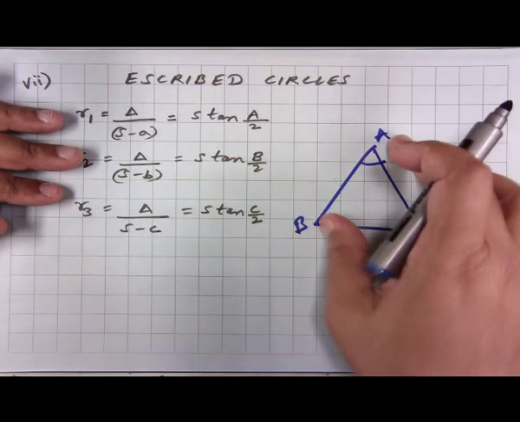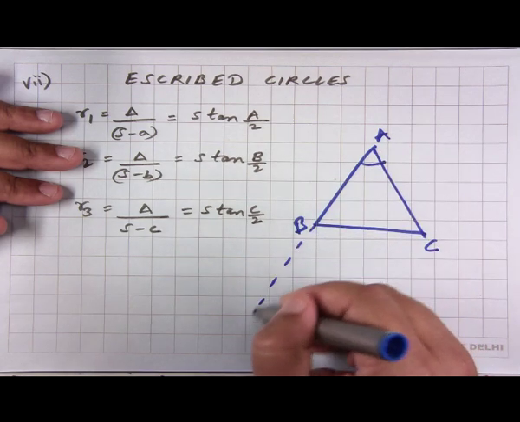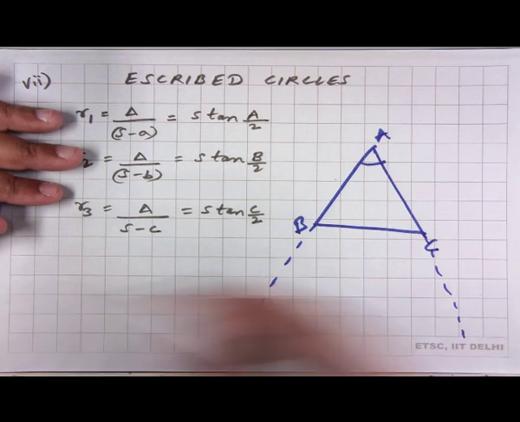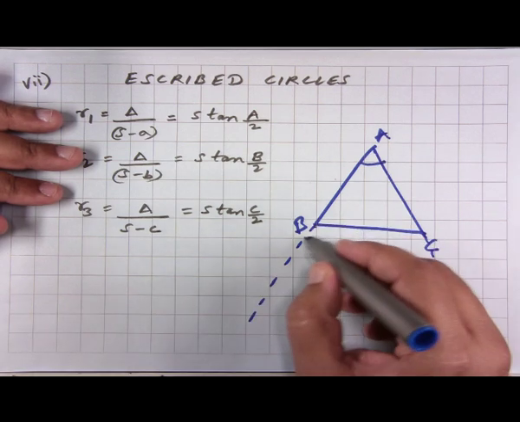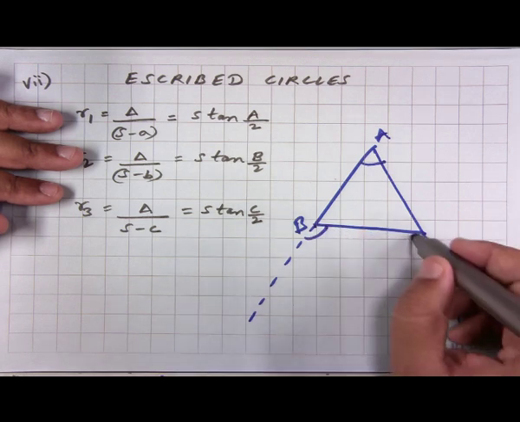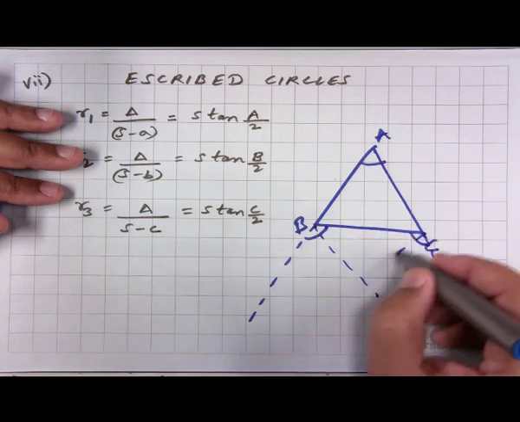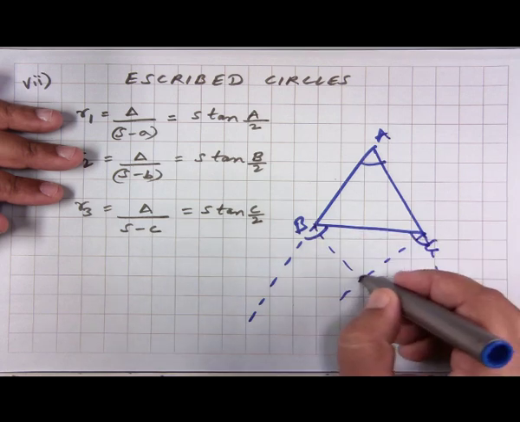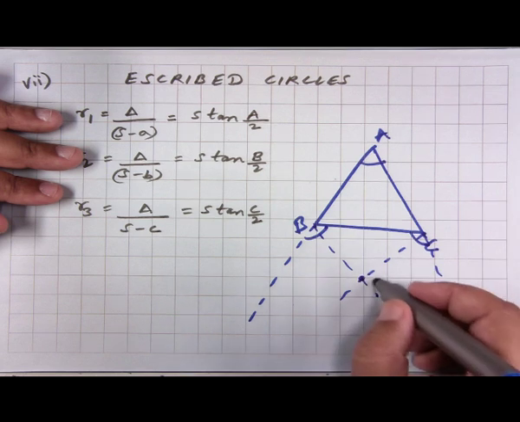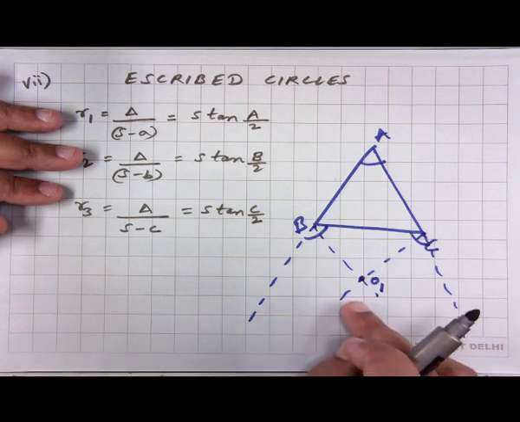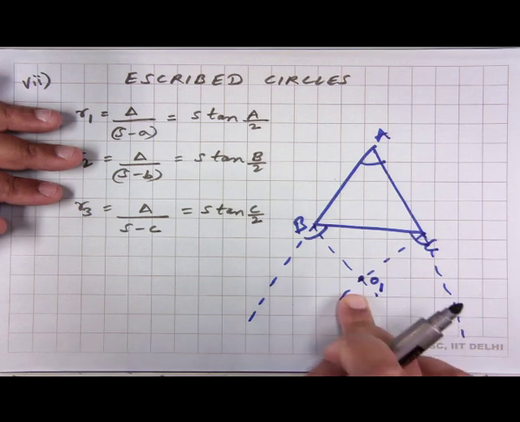We take the side AB and produce it. Similarly, we produce the side AC like this, and then we take the angle bisectors of the exterior angle B and the exterior angle C. Let us say that they meet at this point O1. Then O1 is the center of the escribed circle.